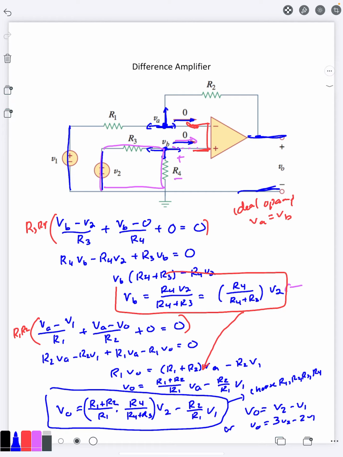So we're going to eventually see how to build a circuit using an op-amp where the output is going to be the derivative or the integral of the input. So you essentially are going to be able to do calculus using op-amps here. This is just the simplest operation we can do, subtracting two values, but you can kind of build your way up to more and more complicated expressions.